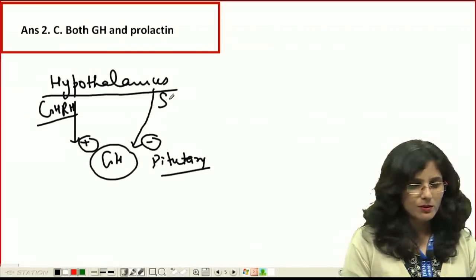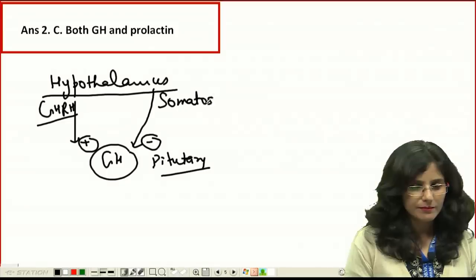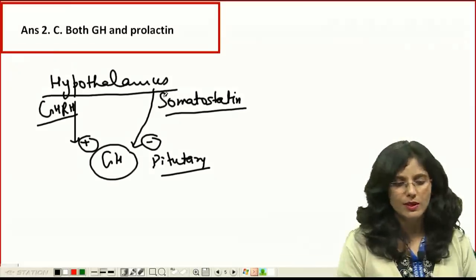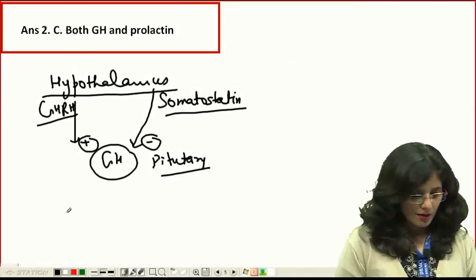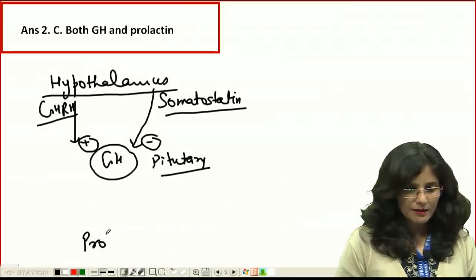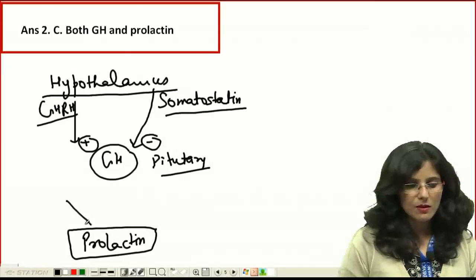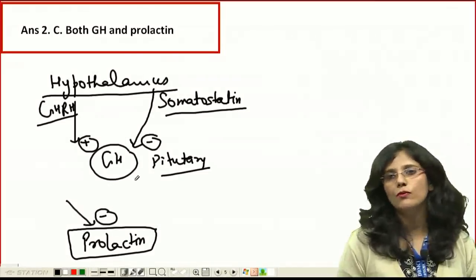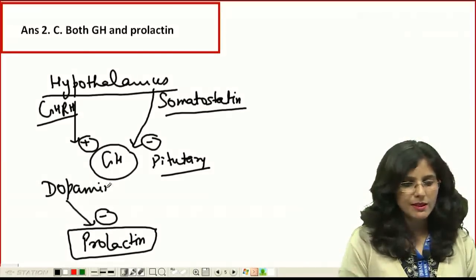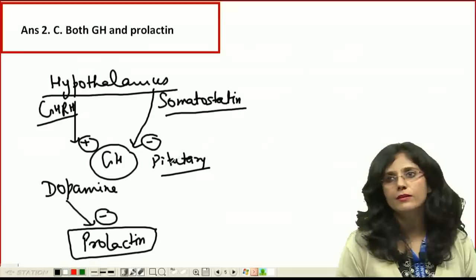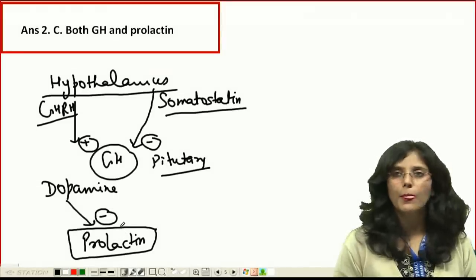And the somatostatin, also known as growth hormone inhibiting hormone, is inhibiting the growth hormone. For prolactin, there is only the inhibitory control from the hypothalamus, which is by dopamine. So dopamine secreted from the hypothalamus causes the inhibition of prolactin.